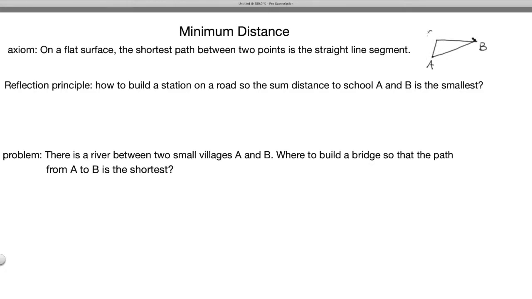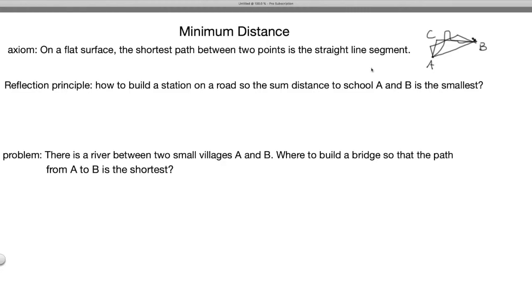And that's the basis for the triangle inequality. Or a path like that is also going to be bigger than this path, which means that in a quadrilateral, the sum of any three sides is going to be bigger than the fourth side. Or a curve like that: this path is going to be longer than the straight line AB.